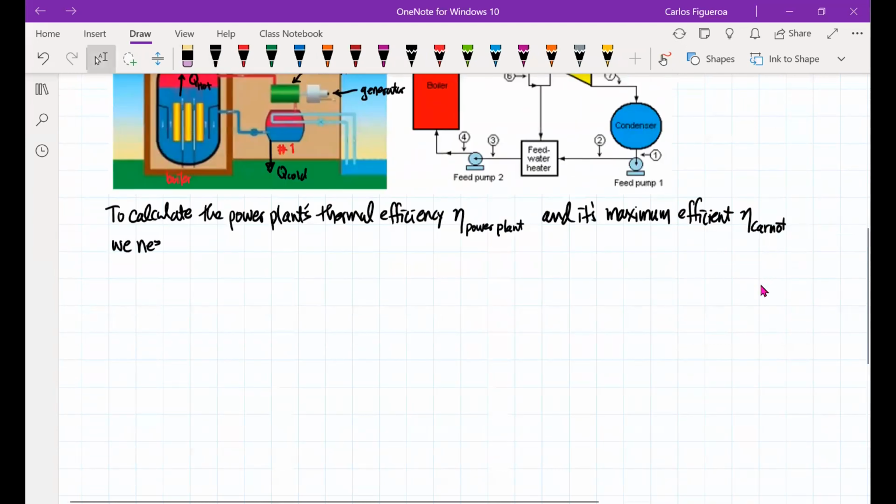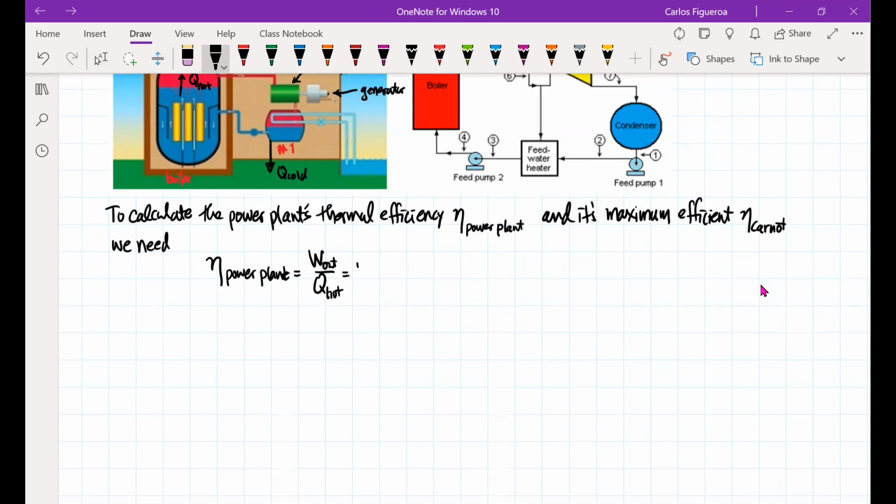We need this. We know that the definition of the efficiency of anything is that it's the work out over Q hot. And sometimes it's easier to write this as the cold versus the hot.